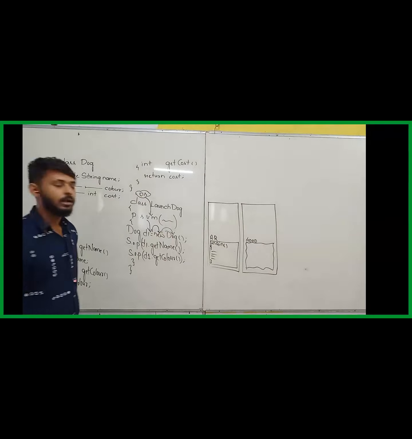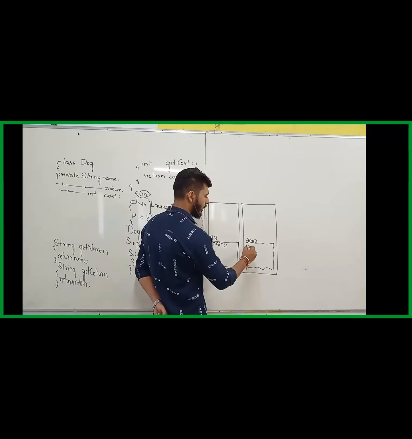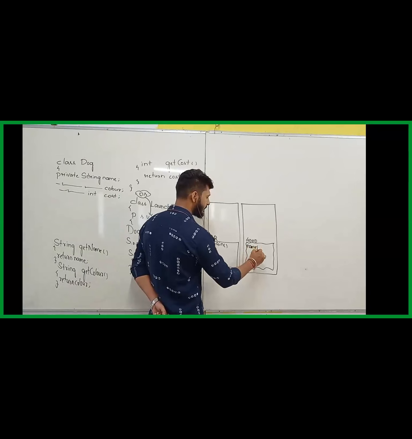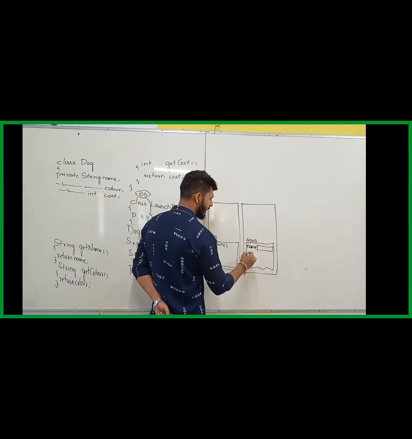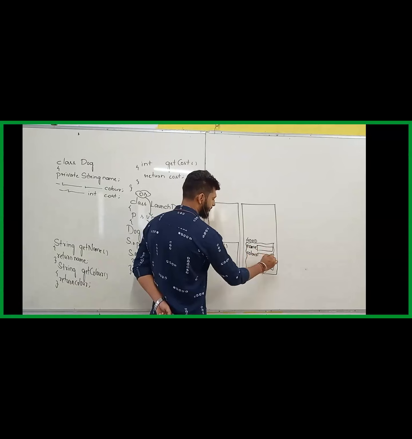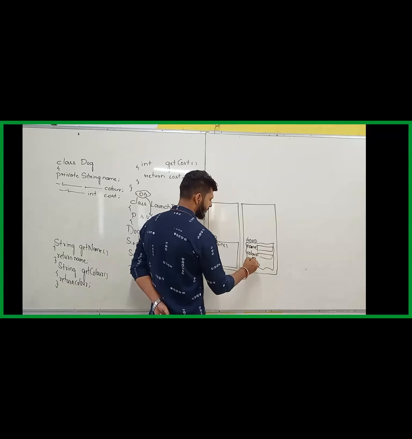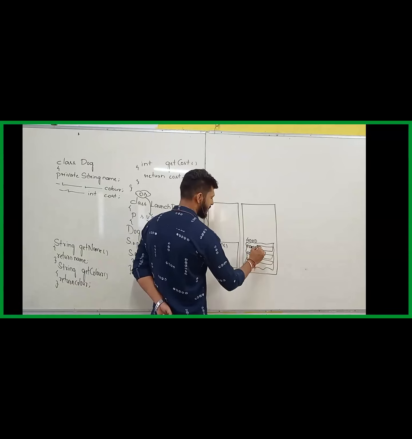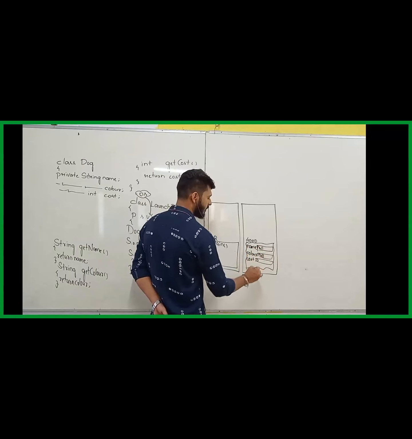If class is available, then it will check is there any instance variable available or not. If it is there, it will allocate, not assign, allocate the memory first, and then it will initialize it with default value null, null and 0.